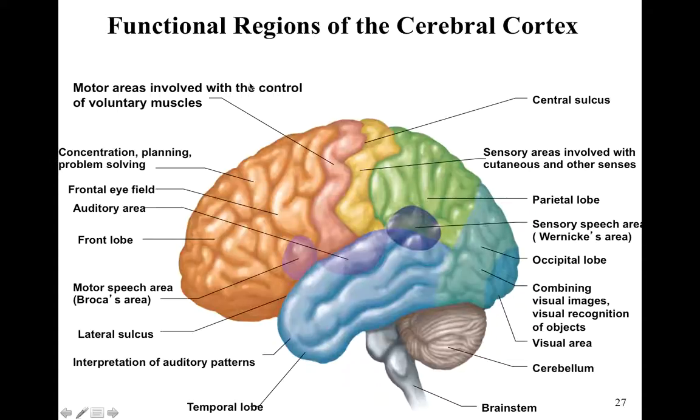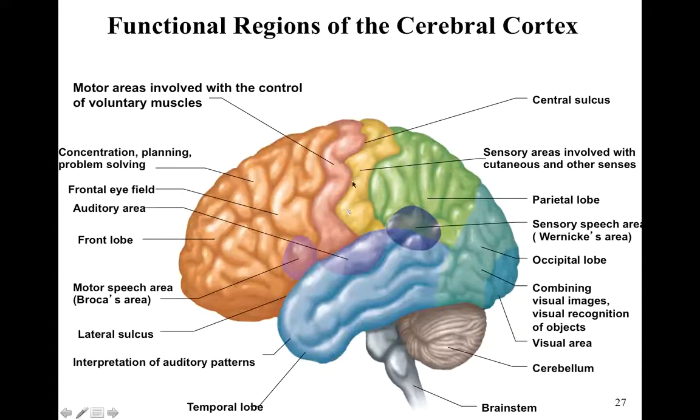So this is the prefrontal cortex, and this is where we send out signals to the skeletal muscles. It's called the prefrontal motor cortex.